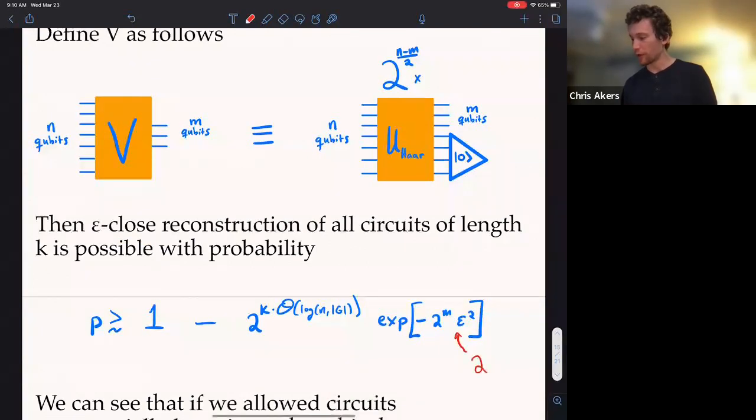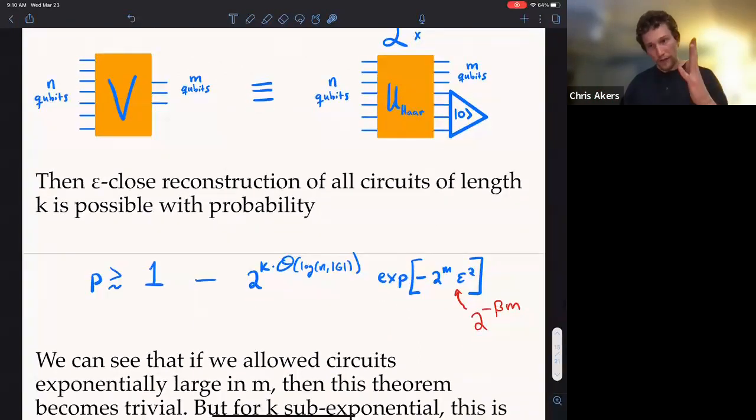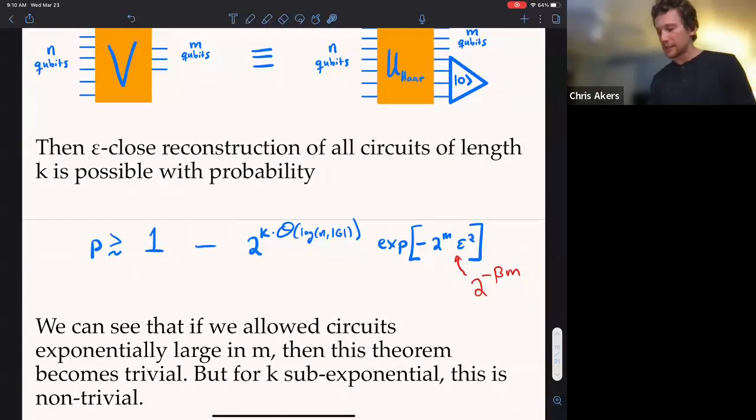So epsilon can be some really small thing. Then as long as beta is less than 1/2, let's say beta is like 1/10, then this numerator, this part I'm circling, is still exponentially big in m. So this whole thing is doubly exponentially small in m. Okay, so the point of this is that if we allowed circuits, so k's, exponentially large in m, then this theorem becomes trivial.